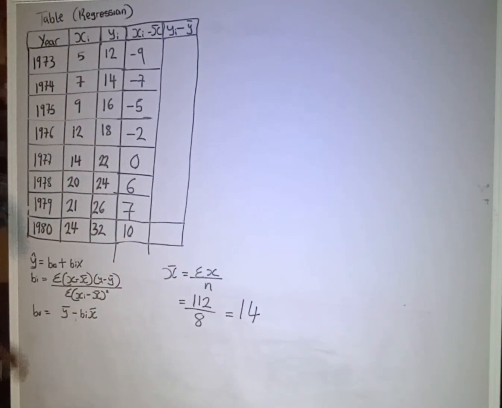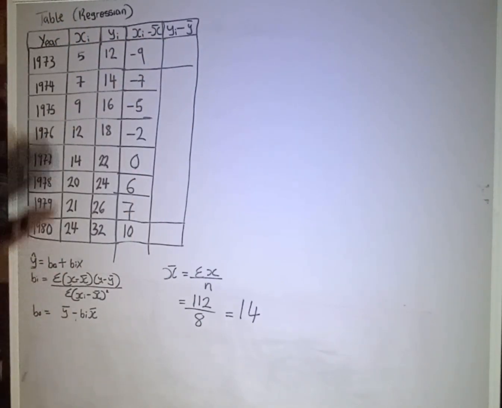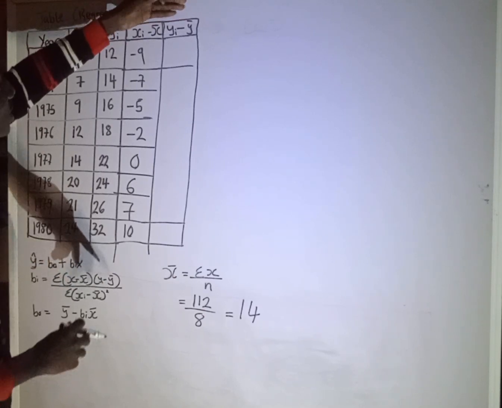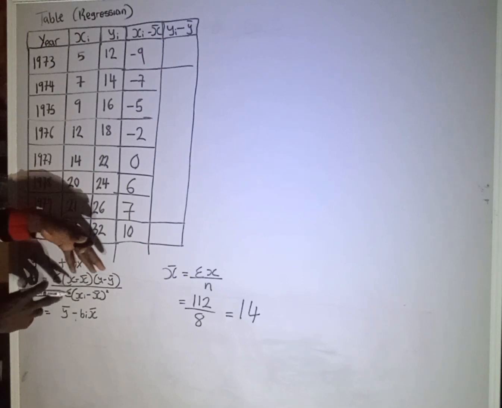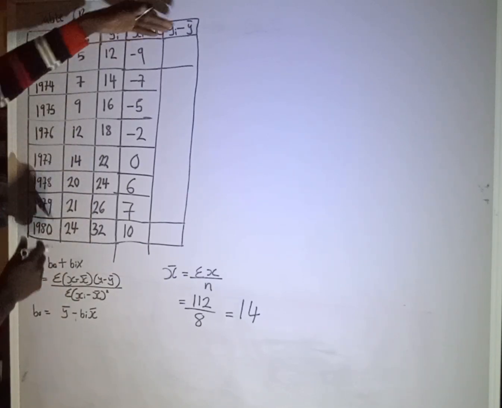From the formula of my gradient, I realized that I need the product of these. So I've already gotten this, and I need this also, so I put it down there.